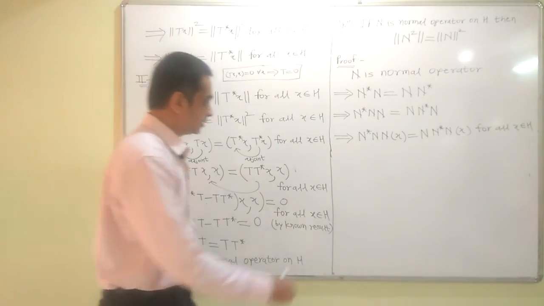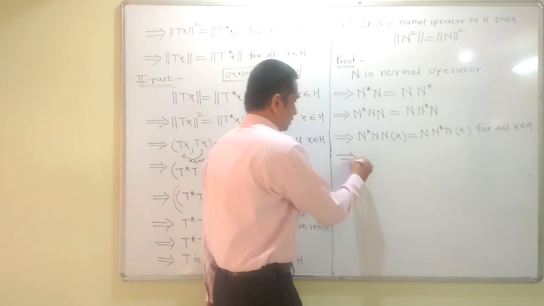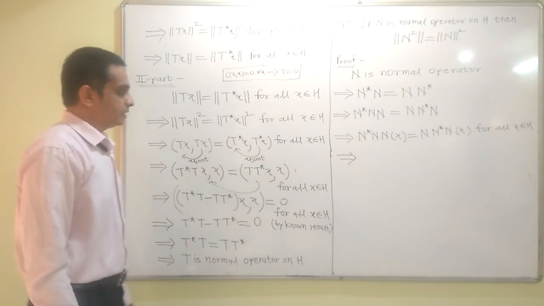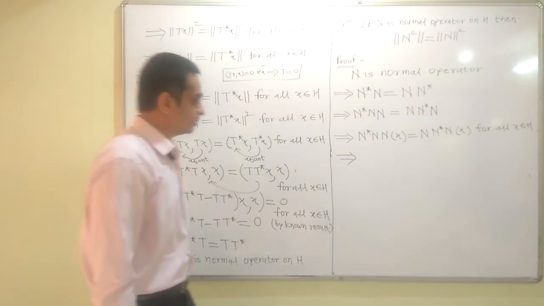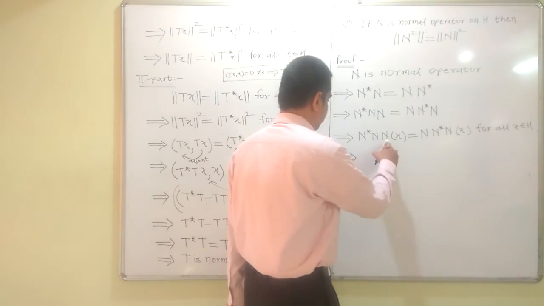So with this, the simplification would be, let us take an inner product of this with Nx itself.